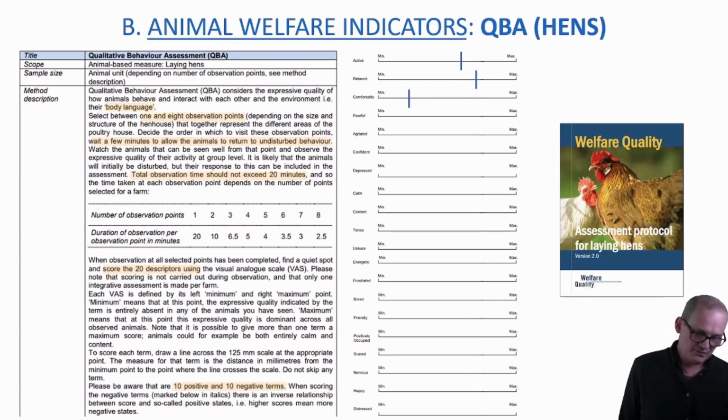What you do is that you simply observe groups of animals in different time slots and from different viewpoints, and when you've done all your observations at different observation points, you score very subjective terms on a continuous scale from minimum to maximum, whether you think the animals are tense, content, calm, depressed, confident, and so on. So it feels very subjective to fill in that list, and that is the qualitative behavior assessment.